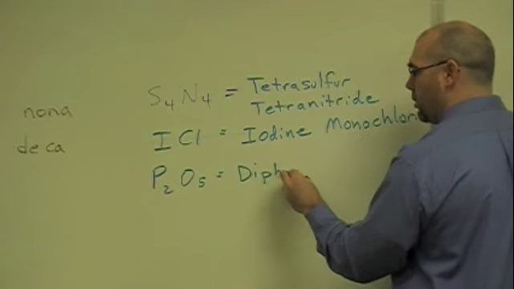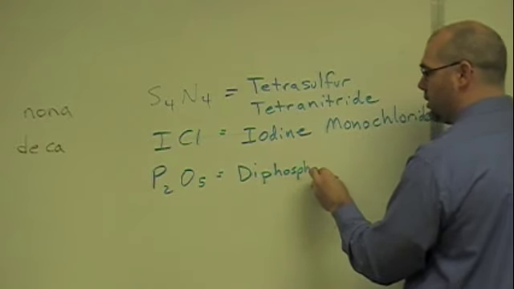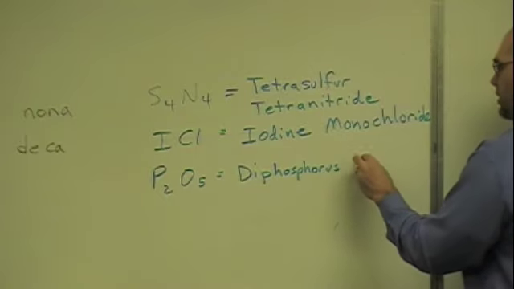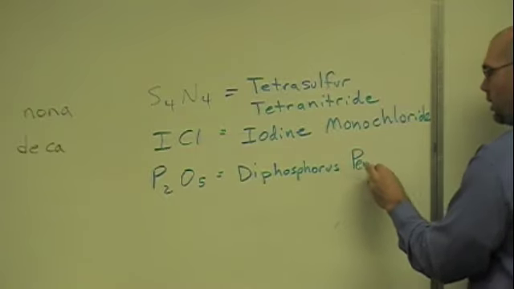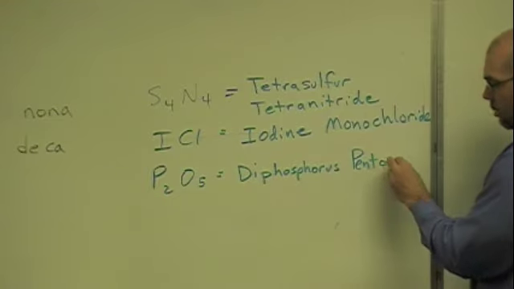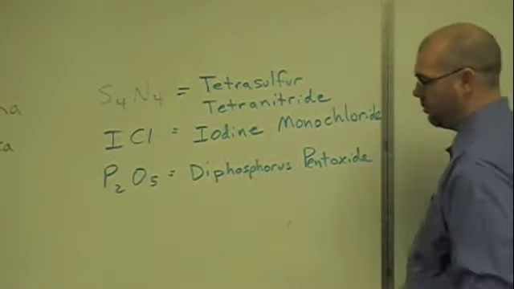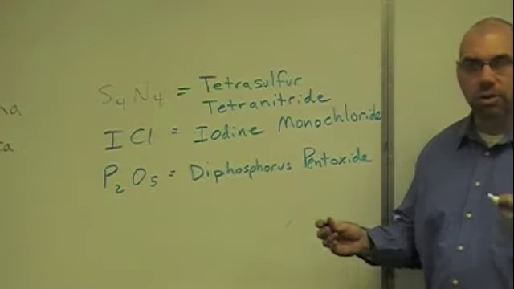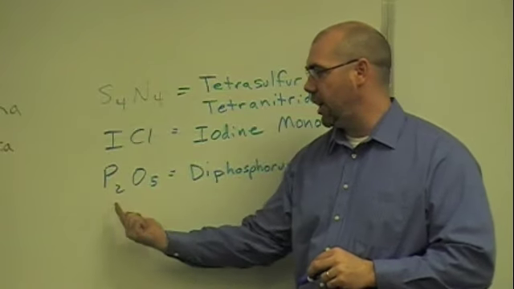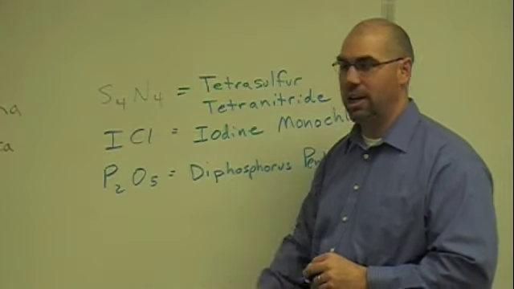Just write its name, so that's diphosphorus. Always prefix the second guy. Pent, and here's an example: it's not pentaoxide, it's just pentoxide. Real simple. Blue blues. No mono the first guy. Always prefix IDE the second guy.